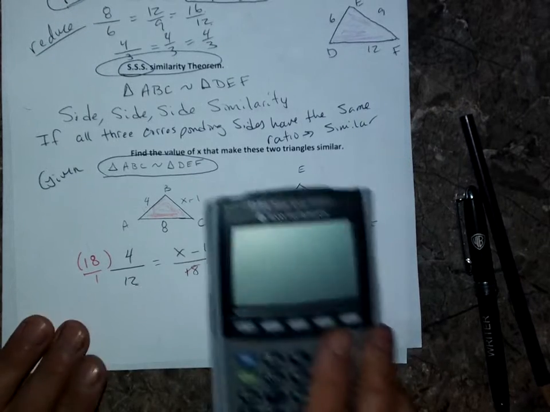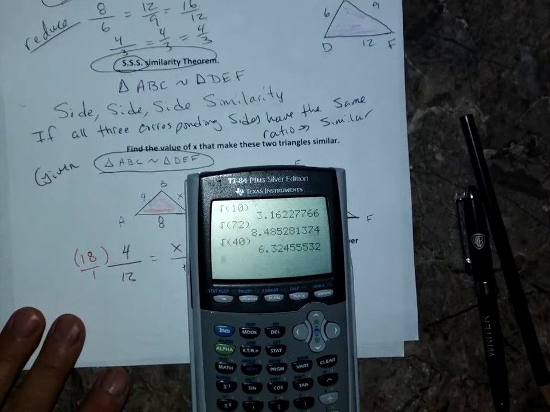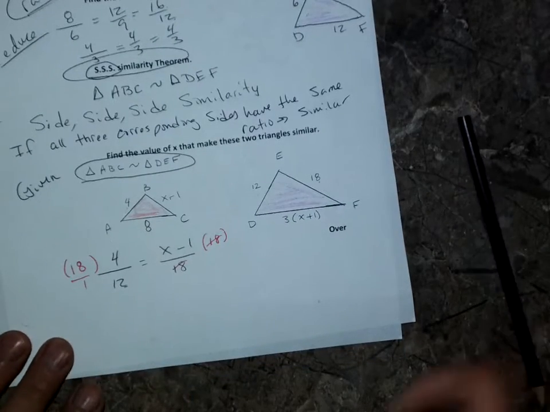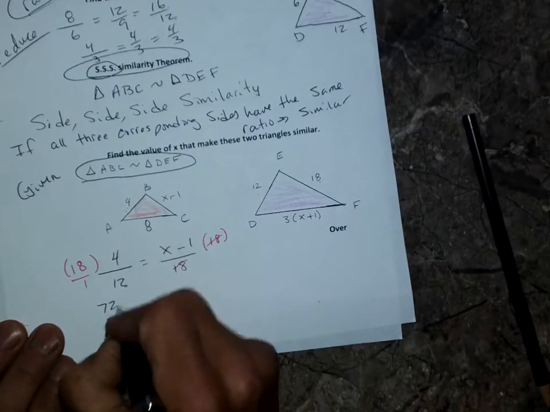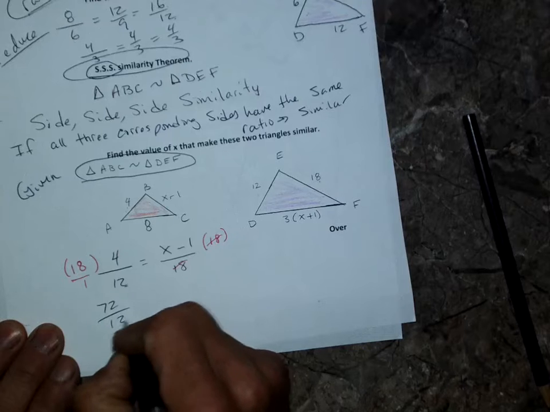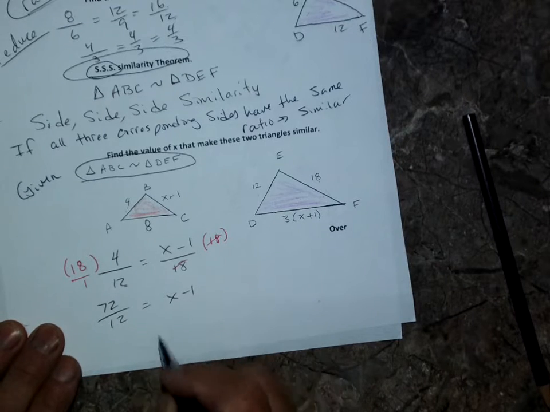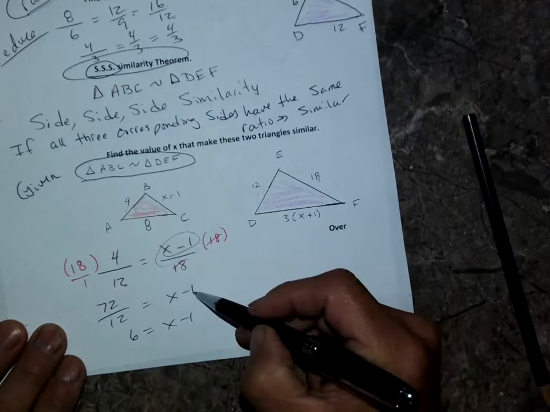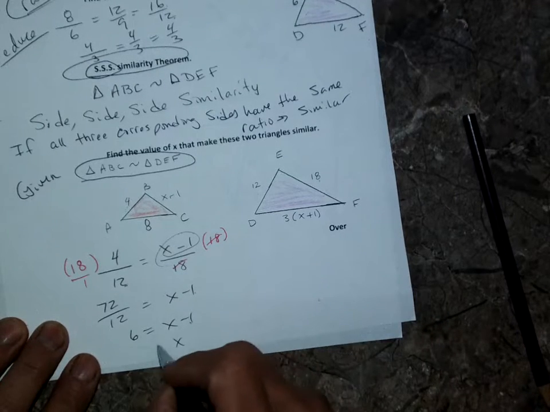Now, what's 4 times 18? It's 72. And then 72 divided by 12 is going to be 6. So I get 6 equals x minus 1. Plus 1, x equals 7.